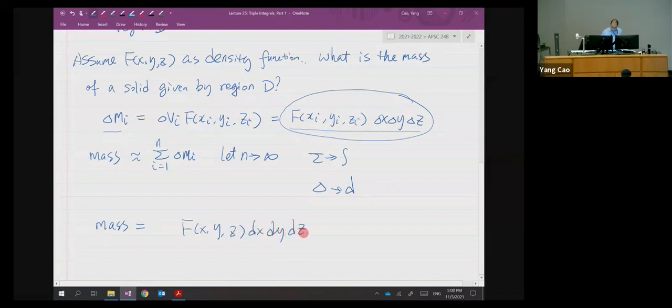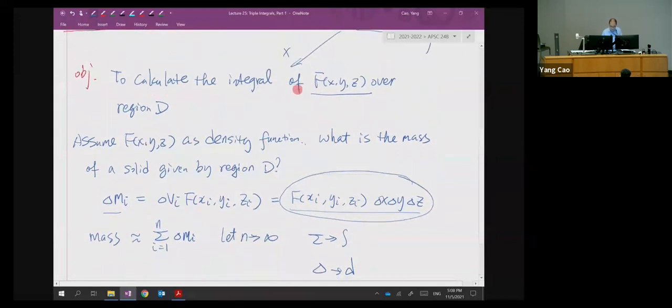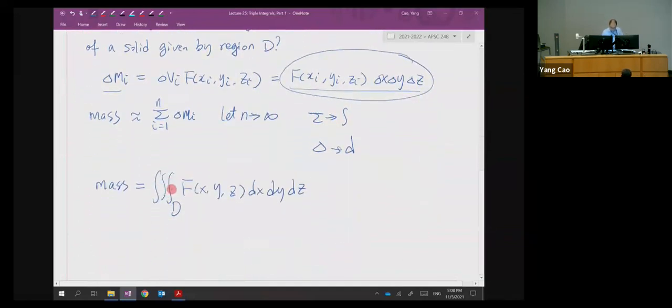Then you're integrating. But look at that, we have dx, dy, dz, so you're going to have 3 different integrations over the given region D. That's what we call a triple integral. You integrate a function f over the region D, which is the objective: to calculate the integral of this function over the region D. The integral involves 3 separate integrations, so this is called a triple integral.